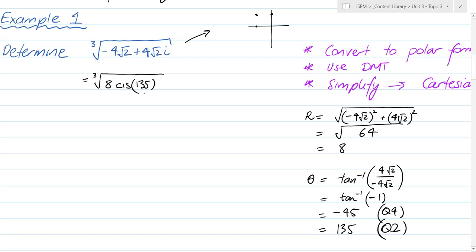In fact, let's stick with radians where we can. And of course, the cube root can be written like this, to the power of a third. And how do I apply the power of a third using de Moivre's theorem?